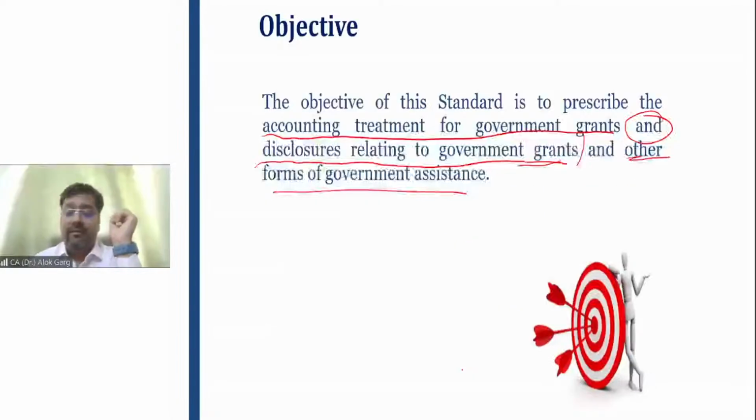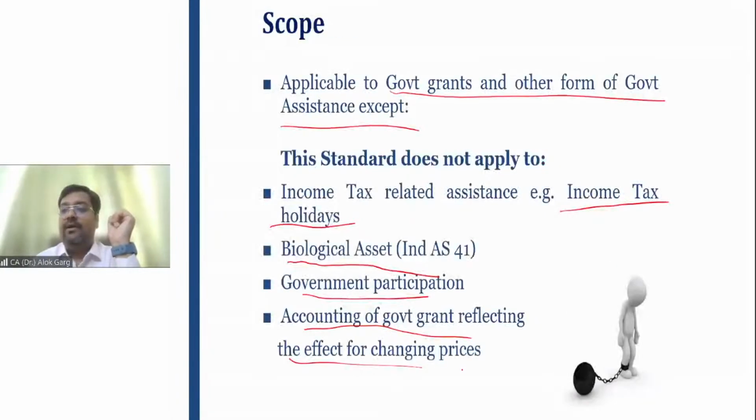If government is framing a policy to control the price, in that case, it will not be considered as a government grant. It will be a normal thing. It is not a government grant, right? So the standard exempts these 4 items, which are of course a benefit which may be provided by the government, but will not be covered under this particular standard. Is that clear?